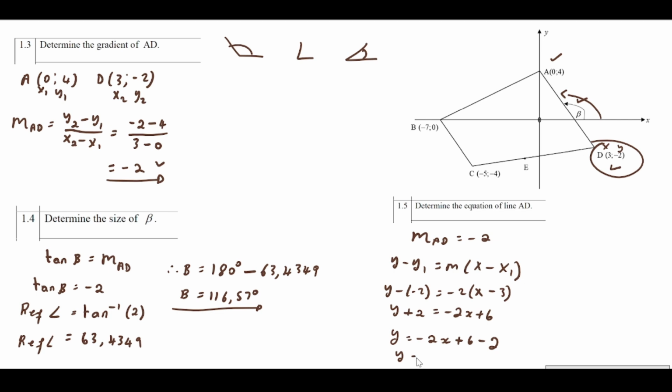Therefore, the final equation becomes y equals -2x plus 4. And that brings us to the end of question number 1.